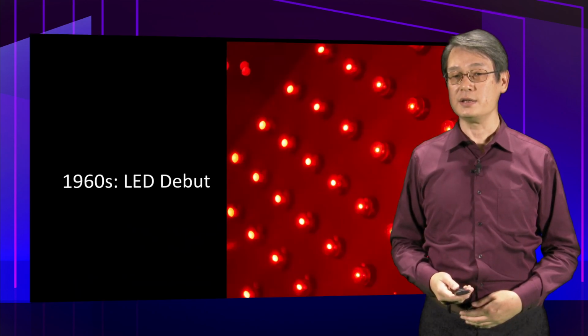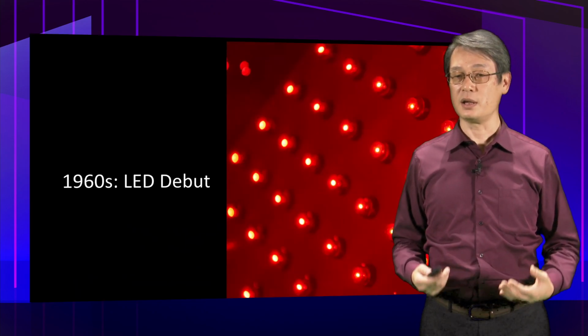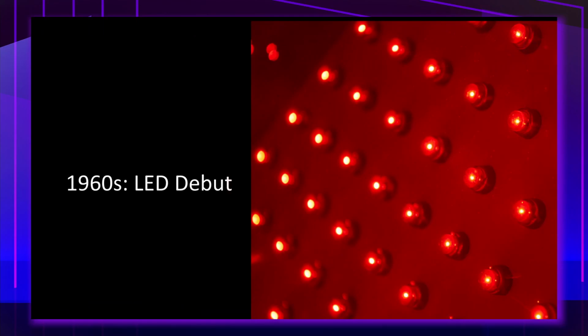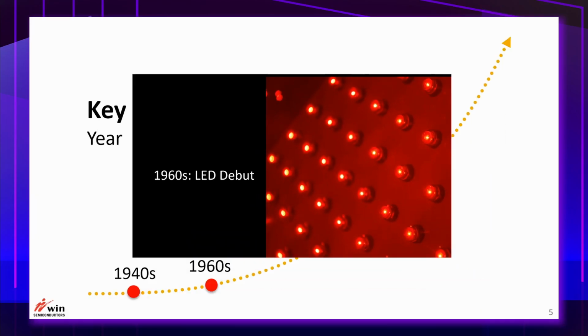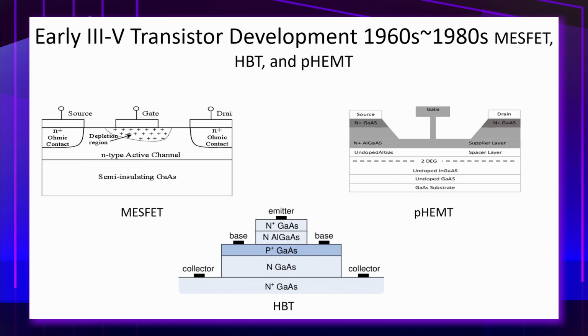In the 1960s, the first LED was demonstrated, using gallium arsenide for a red LED. The early III-V transistor was actively developed between the 1960s and 1980s. MESFET was the initial III-V transistor, which later evolved into PHEMT, which is used for today's high frequency applications, for example in millimeter wave or microwave integrated circuits.